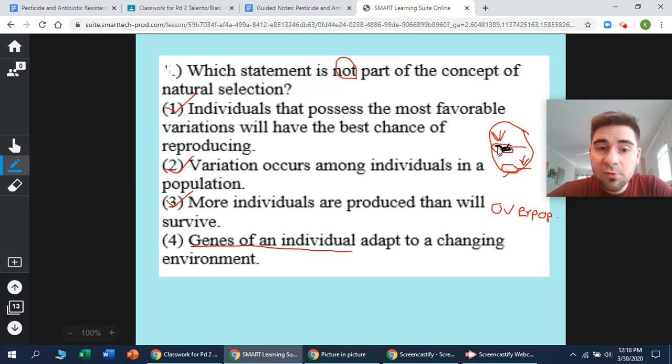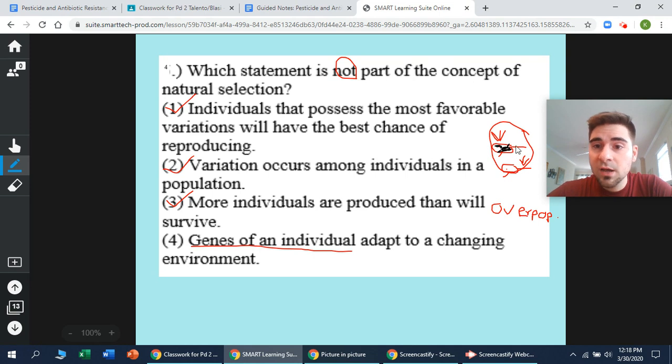When that mutation came up, those mice were more likely to survive and reproduce, so they were increasing by natural selection. So the genes of an individual never changed. They were born with their genes. The ones without the genes for black fur color were more likely to die.